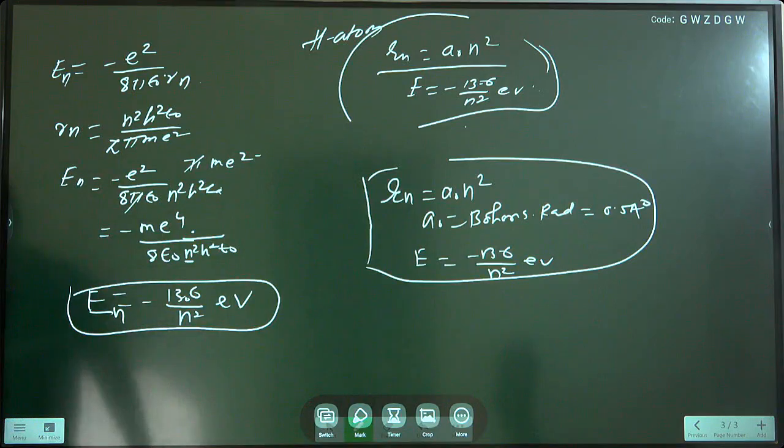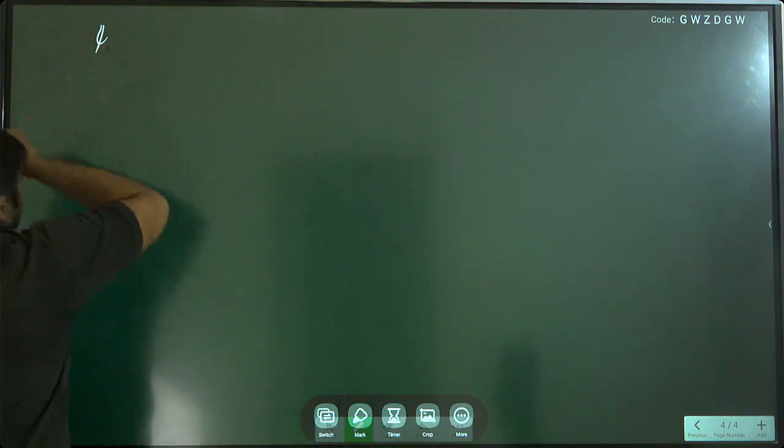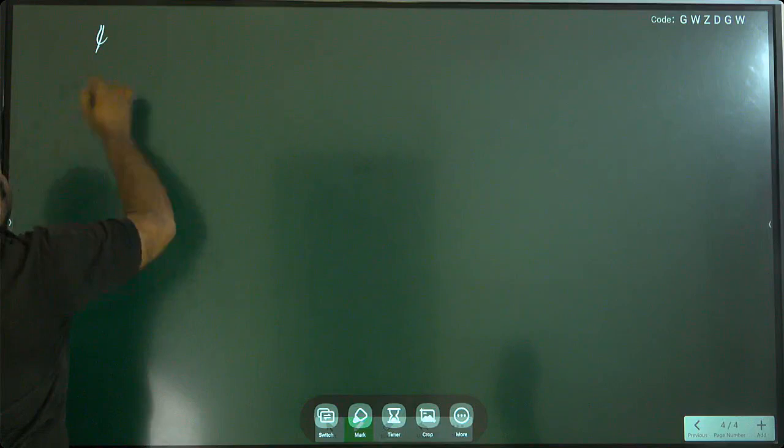Okay. Now, what is the central potential of the hydrogen atom? Now, the hydrogen atom is a spherical atom. Why can we say it is spherical? Because here the wave function is a function of r only.